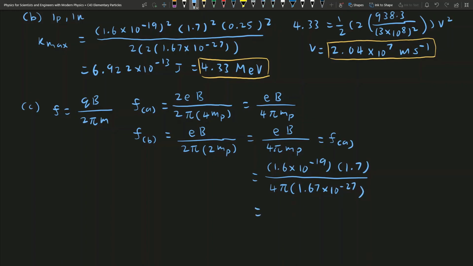So I guess this is 1.296 times 10 to the 7 Hz.